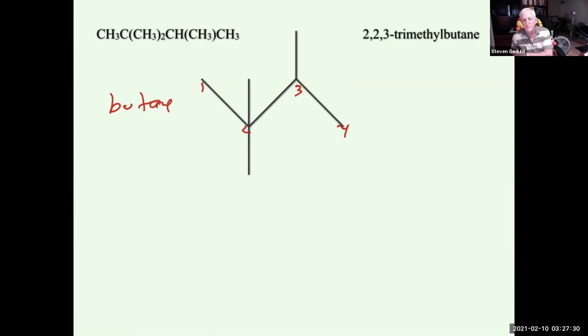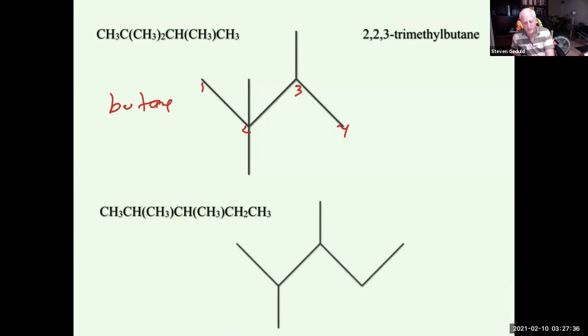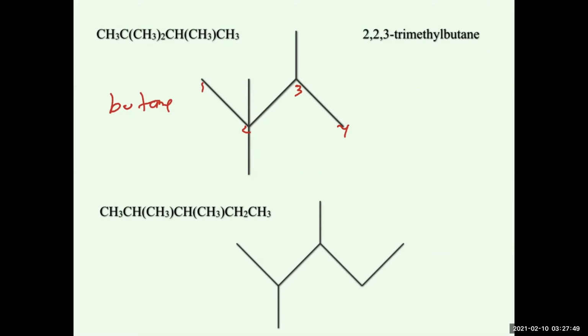Got it. Or you can move the other one and put the methyl groups in between, closer to each other. Something like that. We can have one at 2 and 3. So what's the name of this thing? 2,3-dimethylheptane?